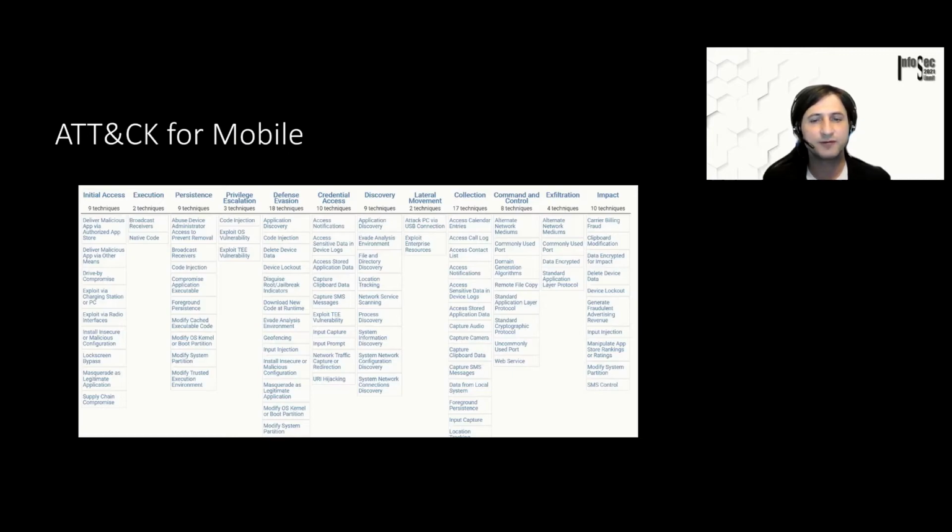A lot of people focus on enterprise, which is sort of this traditional, often Active Directory, environment and so on. But mobile is a little bit to the side. So I encourage everybody to study the mobile matrix a little bit, and also think about your adversaries, how they might leverage some of these techniques to gain an advantage.